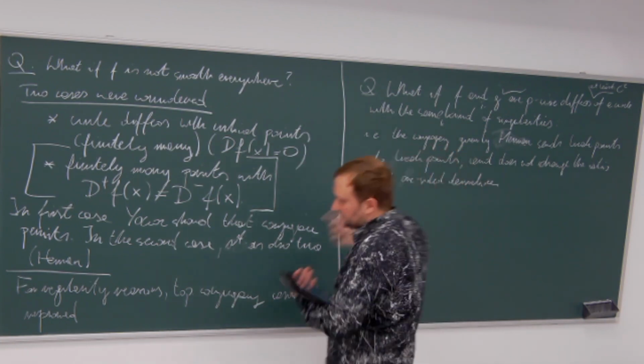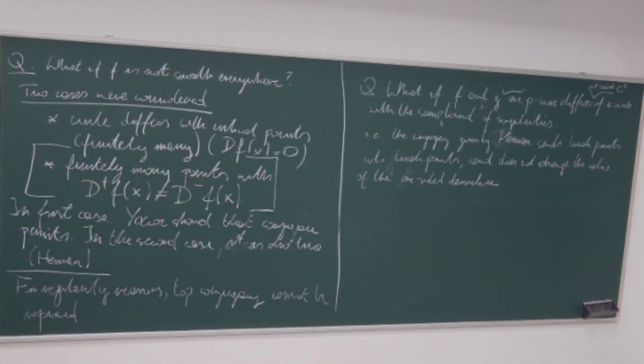So if I consider two such transformations, I still can hope to have a smooth conjugacy. And this is going to be the main subject of our results.